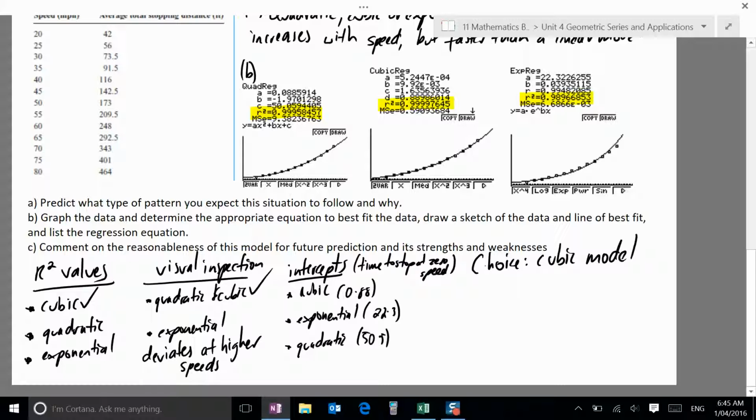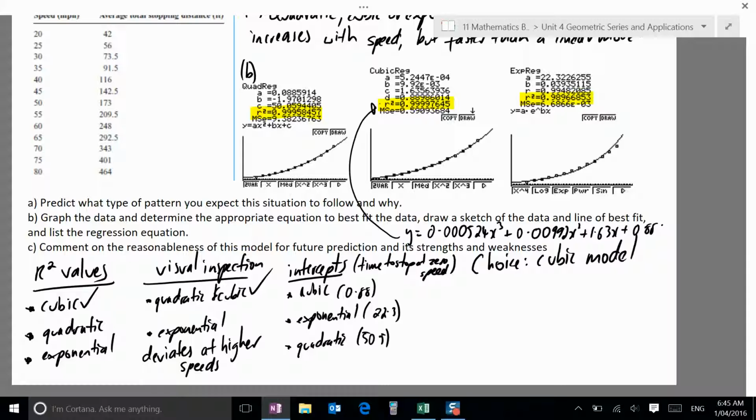The equation is y equals 0.0000524 x cubed plus 0.00992 x squared plus 1.63 x plus 0.88. That's just from the regression. If you did the regression on Excel, it would give you the equation directly.